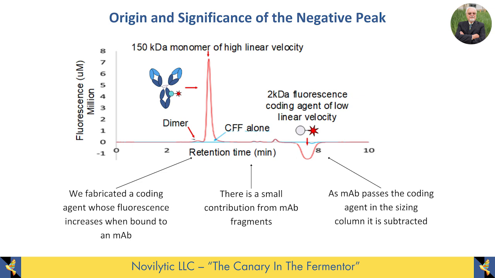But one of the things that's also very significant that I'll show here is that if you look at the area of the negative peak versus the area of the positive peak, you get more fluorescence from the positive peak than you do the negative peak. And what that means, which is very significant, is that when this coating agent binds to the monoclonal antibody, its fluorescence increases.